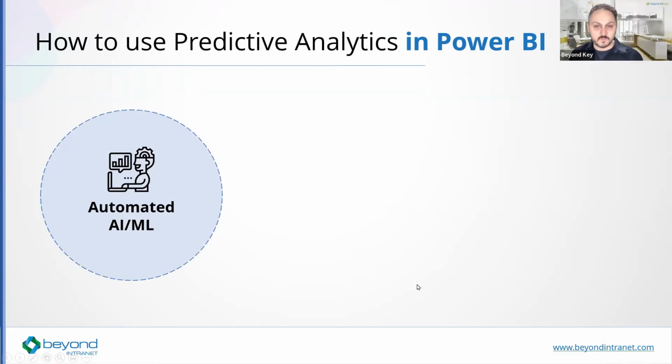There are 3 different ways that we're going to talk about using predictive analytics in Power BI. The main one that we're going to be focusing on today is automated AI machine learning. Automated AI ML. AI, artificial intelligence, ML, machine learning. AI and machine learning are very popular topics. So more than likely people have heard about this before.